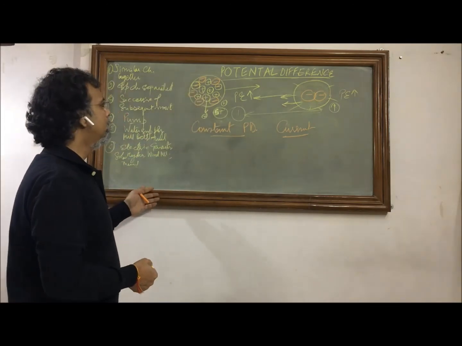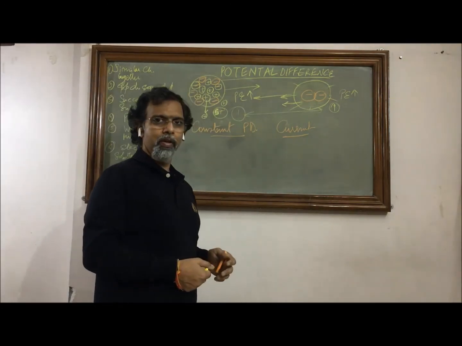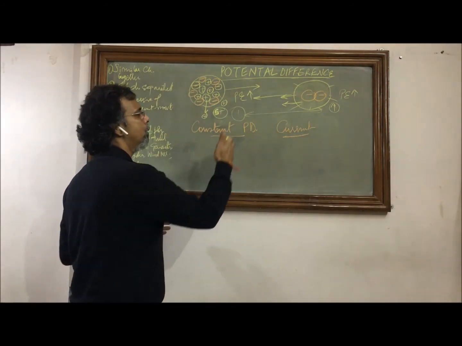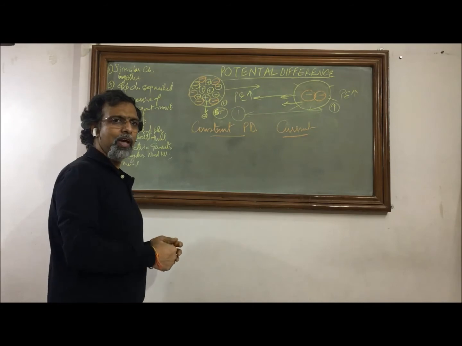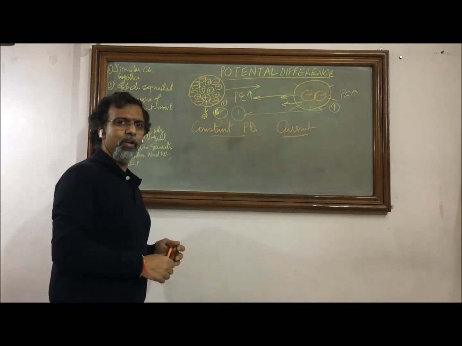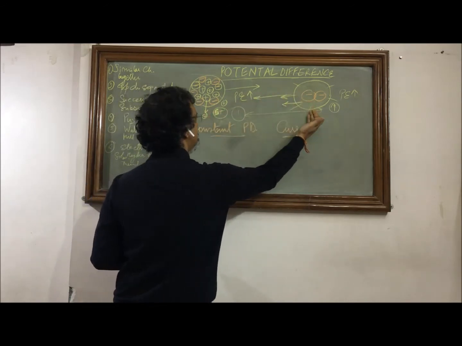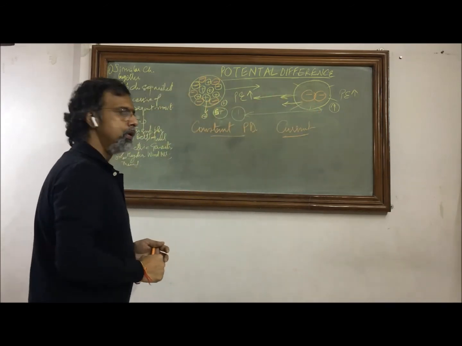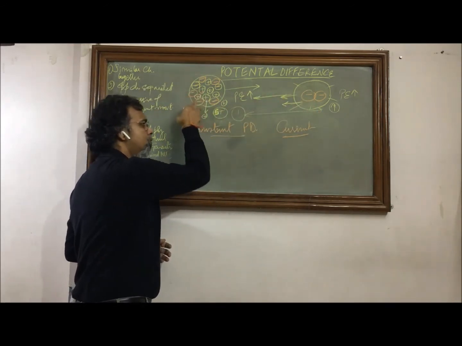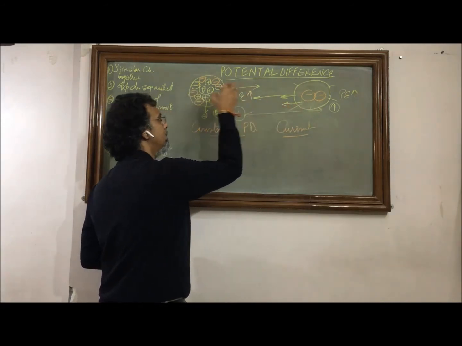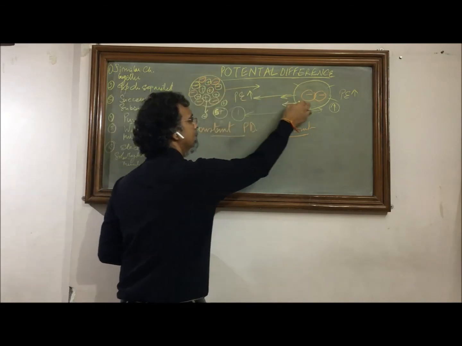So all the devices that generate electricity, basically they try to maintain the potential difference, and they recycle the charges such that a charge which has lost the potential energy from an initial point to final point will be pushed back against natural tendency, because the natural tendency is it will not go from here to here.